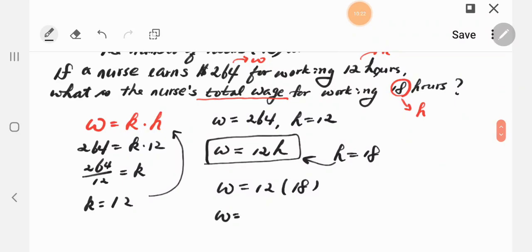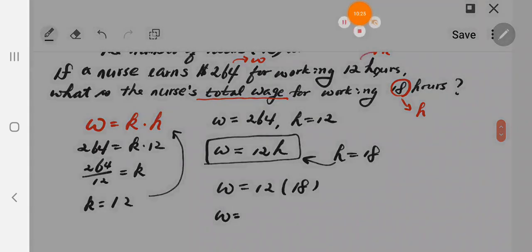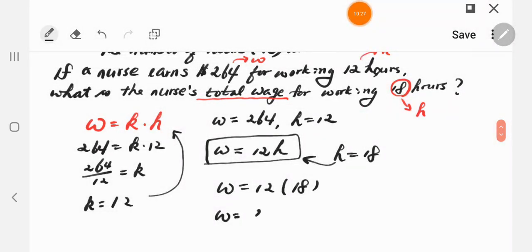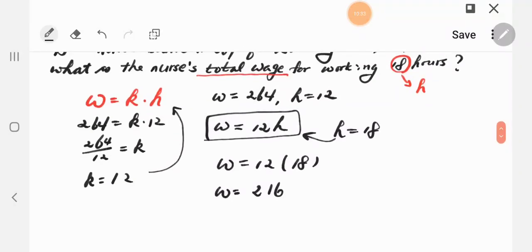All right, let me calculate this. And this is 216. So the nurse will earn $216 for working 18 hours.